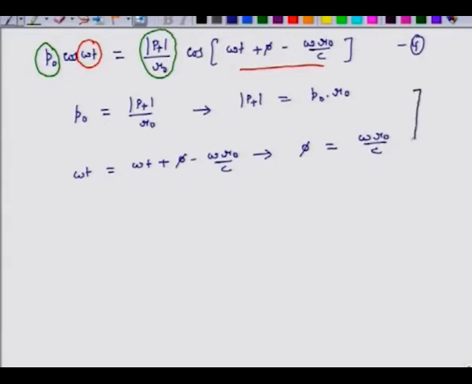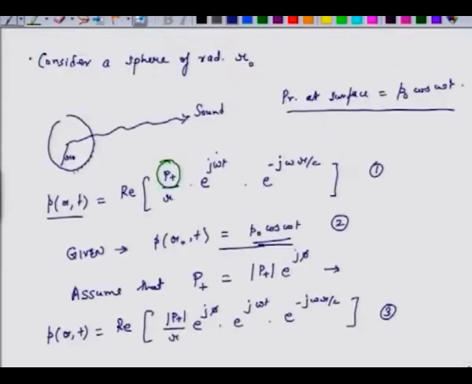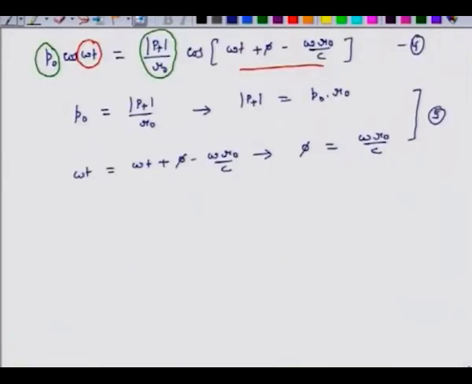So, these are my equations. I label them as 5a and 5b, and once I plug these equations in my expression for p plus, what I get is that p plus equals p naught r naught times e to the j omega r naught over c. So, that is my equation 6.